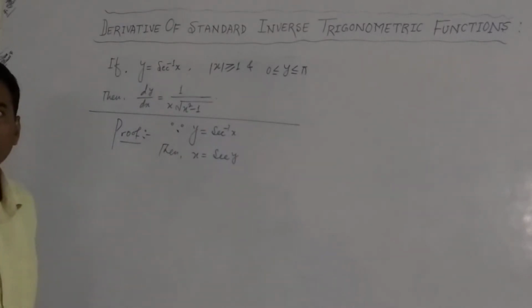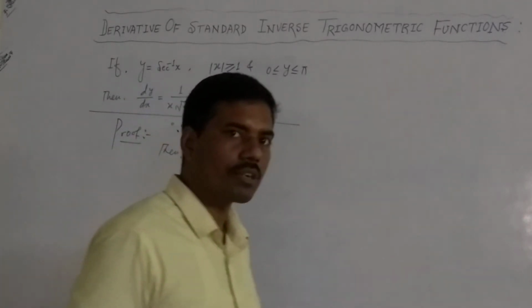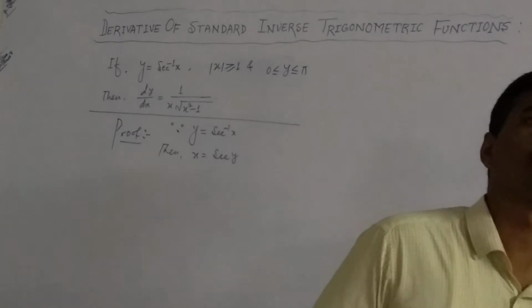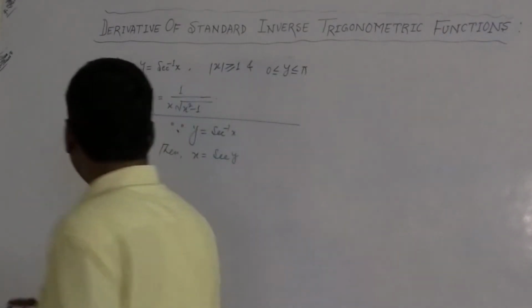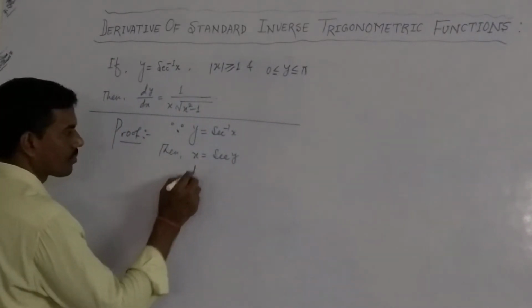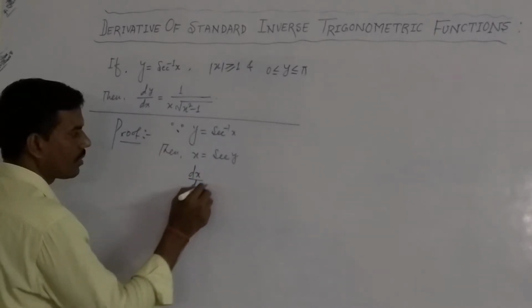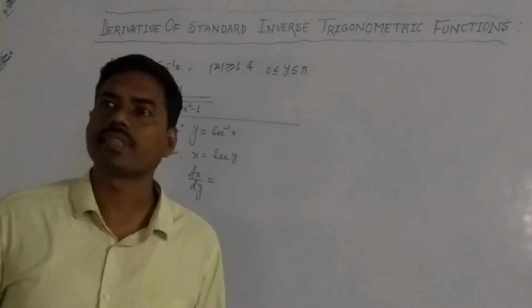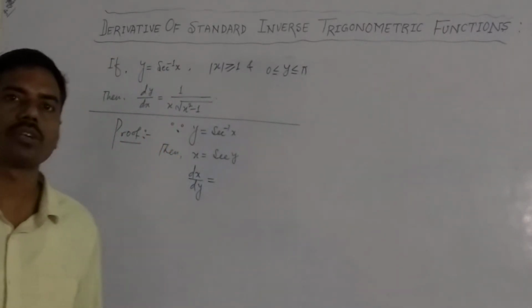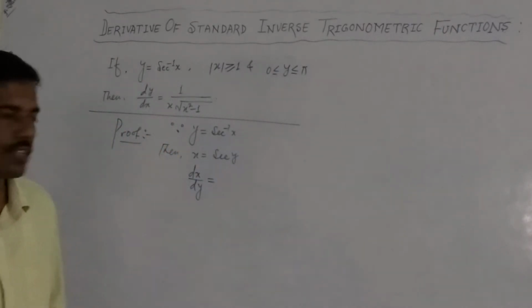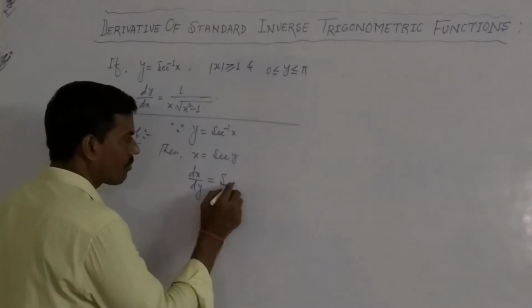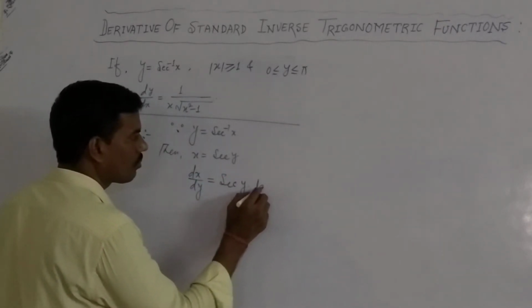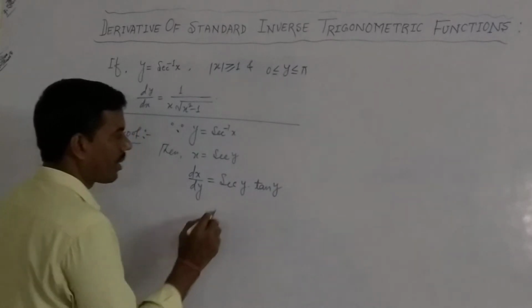Next step is to find the derivative of x with respect to y, written as dx by dy. Dx by dy is equal to, and we know that the derivative of sec of y with respect to y is sec of y into tan of y.